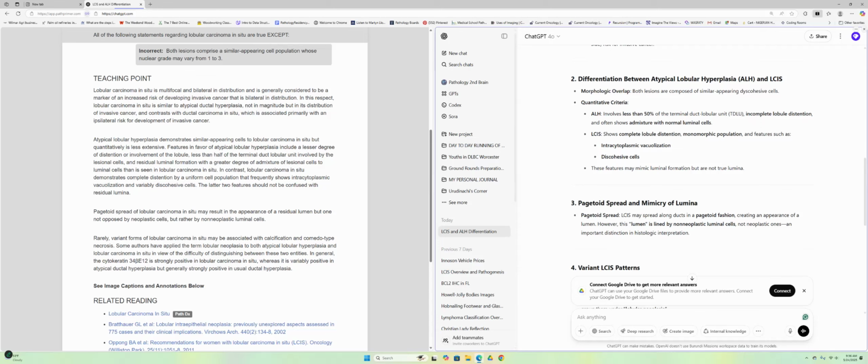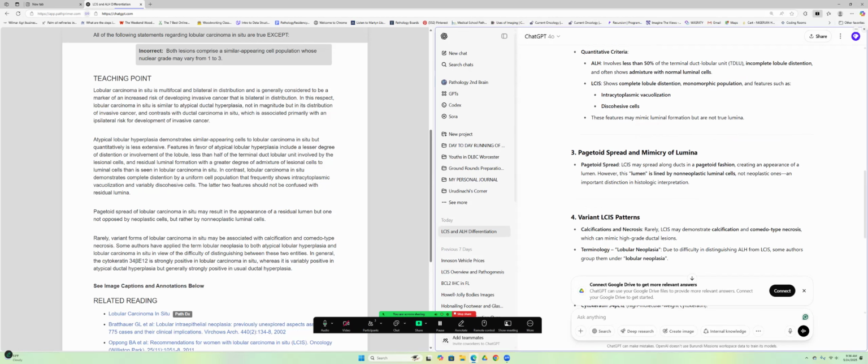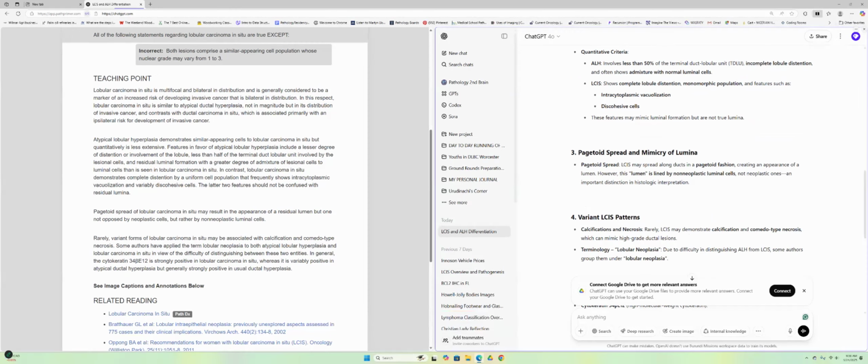So the difference between the two, between ALH and LCIS: the degree of distension is important. The degree of lobular distension is more in LCIS than ALH.